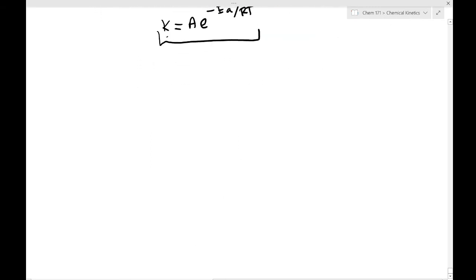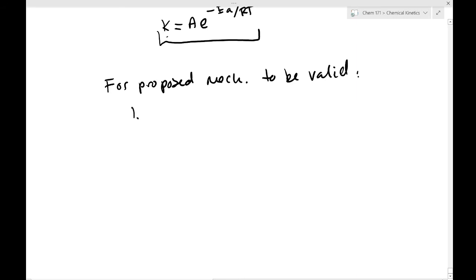All right. For a proposed mechanism to be valid, number one, the elementary steps must sum to the overall reaction.